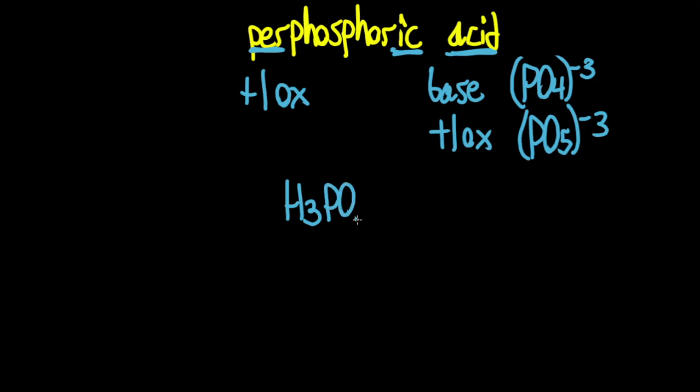Okay. And you're probably wondering, well, wait, wasn't hydrogen kind of like a non-metal earlier when we were talking about binary salts, and some of the other earlier stuff? Hydrogen is kind of weird. Hydrogen is one of those elements that at times you'll see that it has a plus charge, at other times you'll see it has a negative charge. When we get into organic chemistry, it doesn't really have a charge.